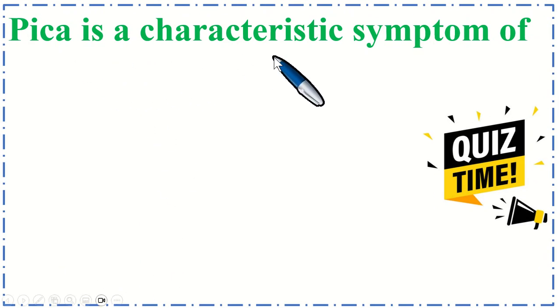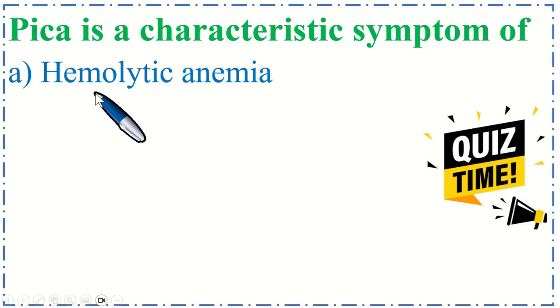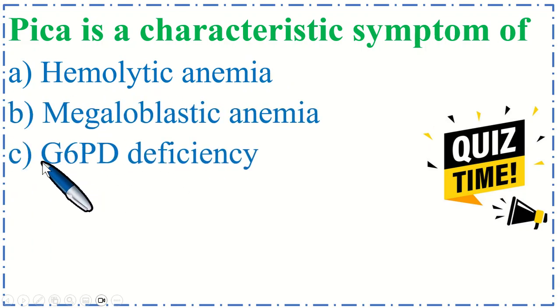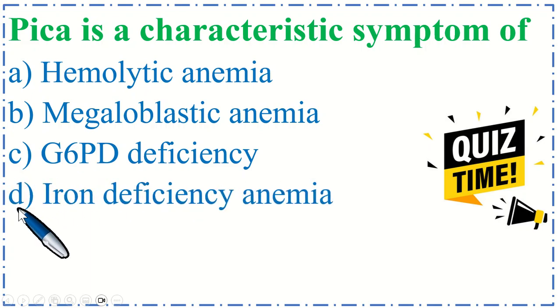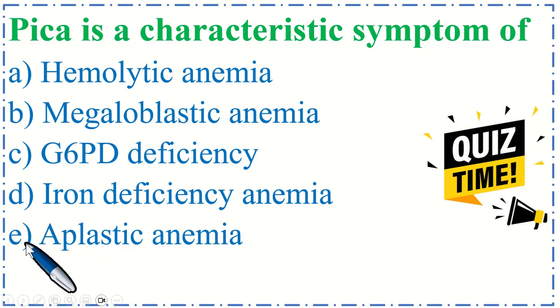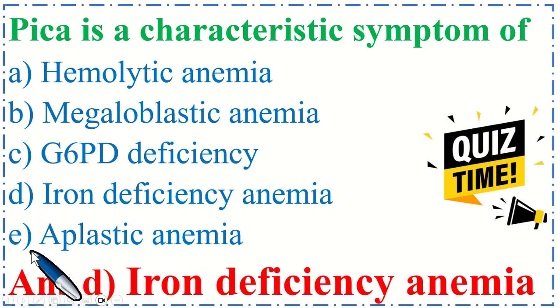Pica is a characteristic symptom of option A hemolytic anemia, B megaloblastic anemia, C G6PD deficiency, option D iron deficiency anemia, and option E aplastic anemia. Correct option is D iron deficiency anemia.